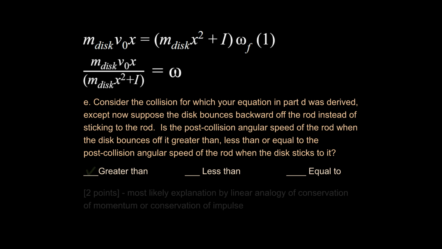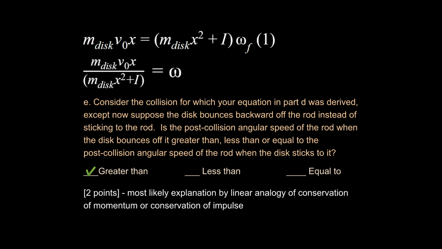In other words, you're going to have a greater change in momentum if the disk bounces off the rod than if it sticks to the rod, because it has a greater impulse or change in its own momentum. That means it's providing a greater impulse or change in momentum on the other object. And so if you can explain that with words, you get those 2 points.